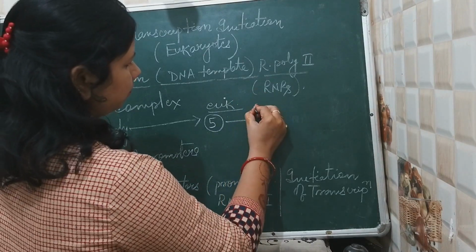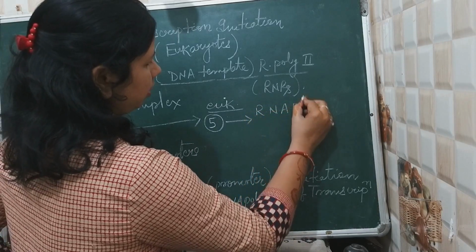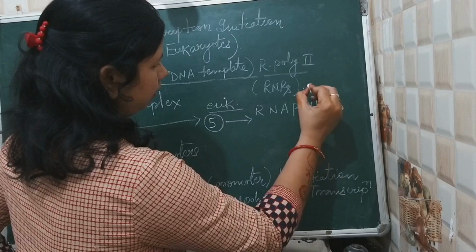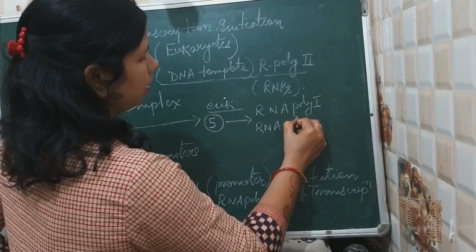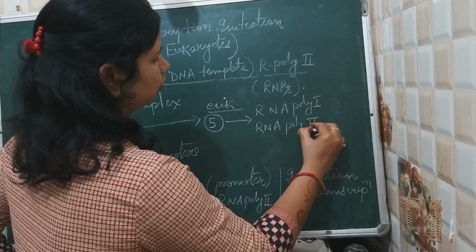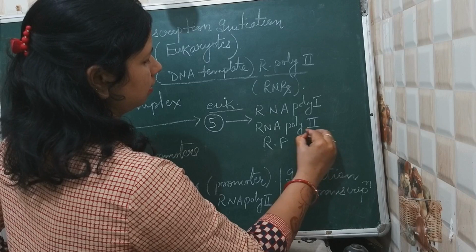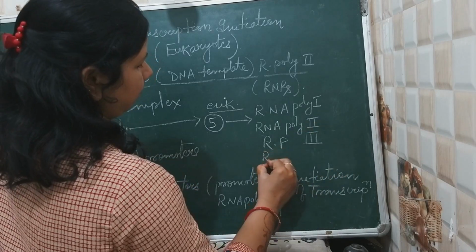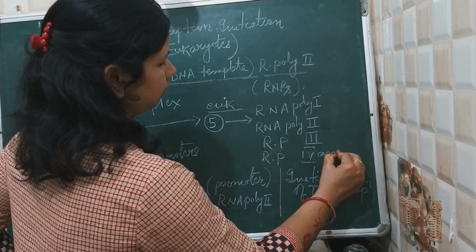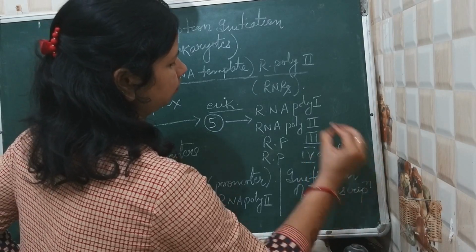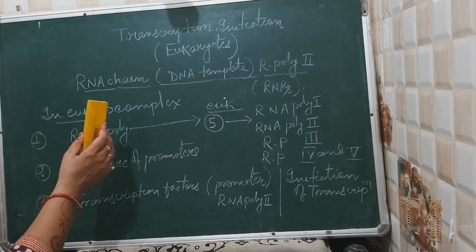For example, RNA polymerase 1, RNA polymerase 2, RNA polymerase 3, RNA polymerase 4 and 5. Okay, let's write it so that you can get a clear-cut view.